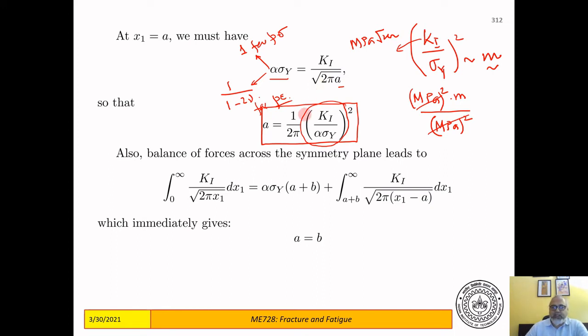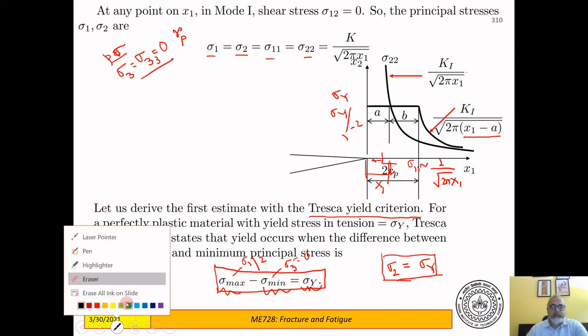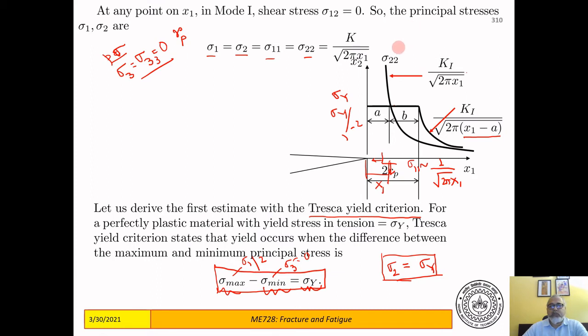Okay, so this is your A, and now we need to find B. In order to find B, we will use the concept of areas. So we will say that the area under this curve, let's erase this. So this area will be given by integration from 0 to infinity.